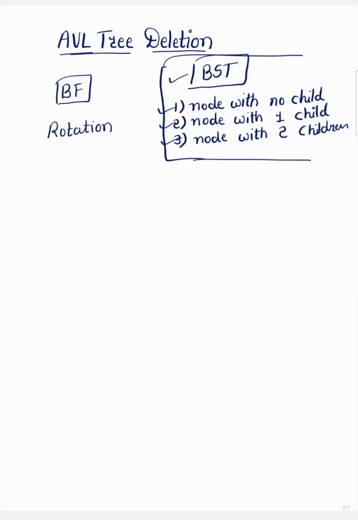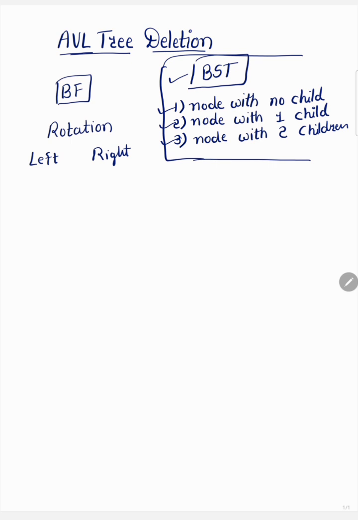In insertion you basically have four rotations: LL, RR, RL and LR. Here you actually have six types of rotation, which I can divide into left rotation and right rotation.